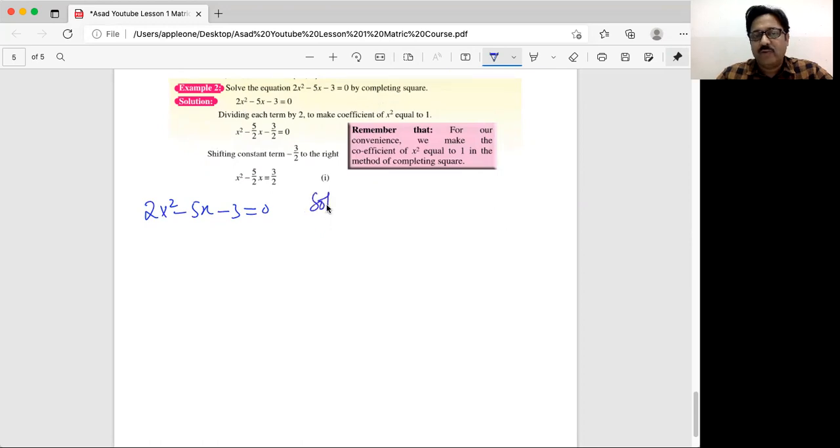I have told you when they say solve, it means finding the values of x. Now, the coefficient of x square here is other than 1.